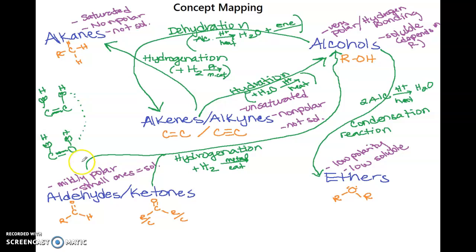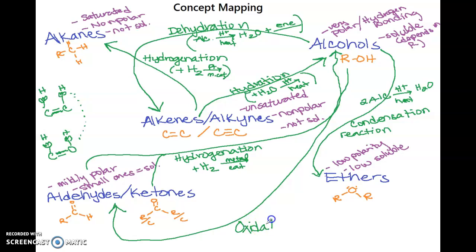And a lot of times, once you find that you can go one way, you can go the other. So an alcohol can be turned into an aldehyde or ketone. And that is through the process of oxidation. When we oxidize, we'll see this in our chemical formula, or maybe we'll see something like potassium dichromate or sodium permanganate or something like that.